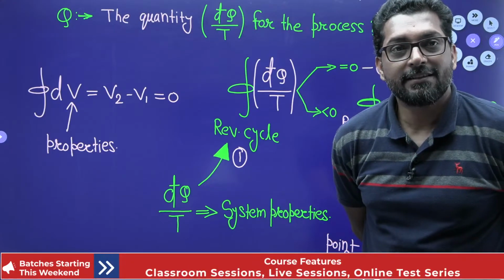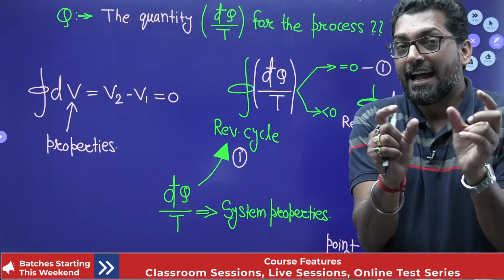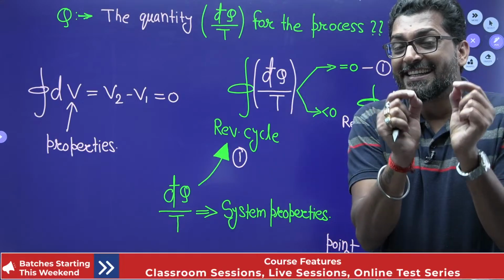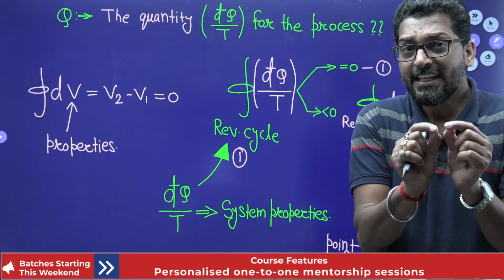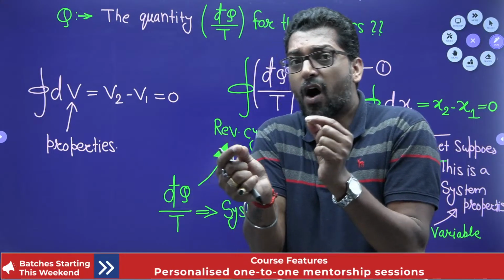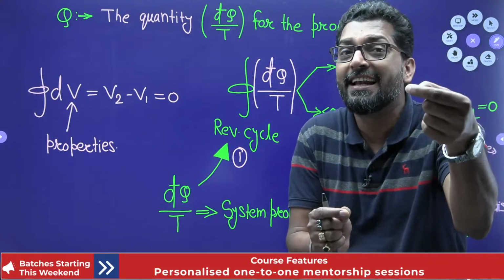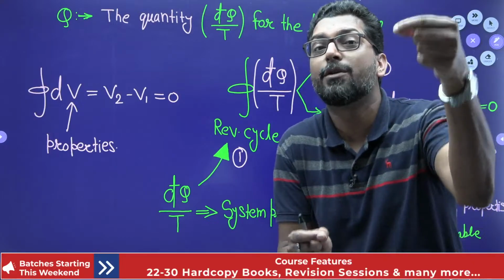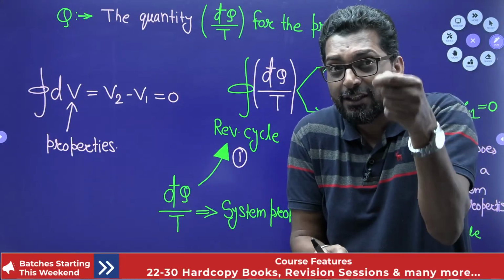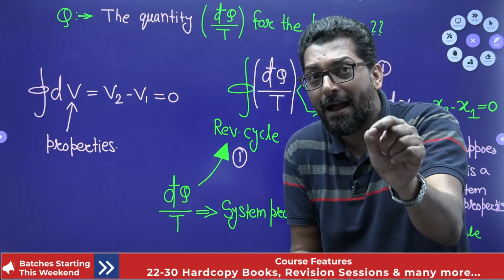That means whether the quantity dq by T is a property or not will depend upon which cycle the system performs.